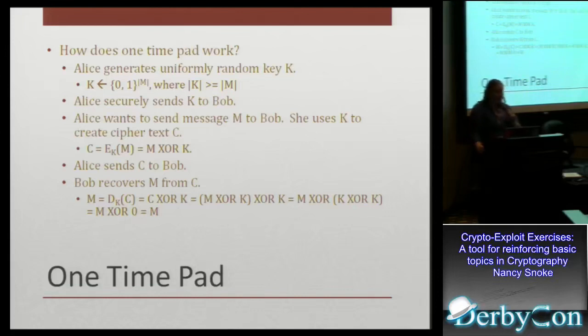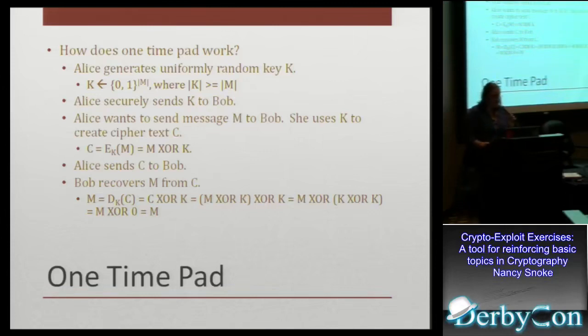All right, so how does one-time pad work? Probably most people have heard of one-time pad since it's been used since World War II. But basically, first, if we're going with Alice and Bob again, Alice will generate some key. It is supposed to be uniformly random, and it also has to be at least as long as the message she eventually wants to send. And somehow she gets this securely to Bob.